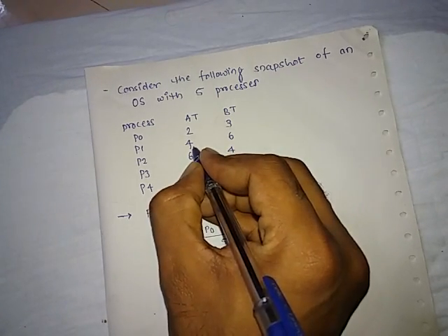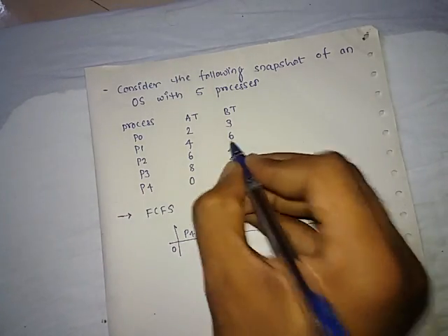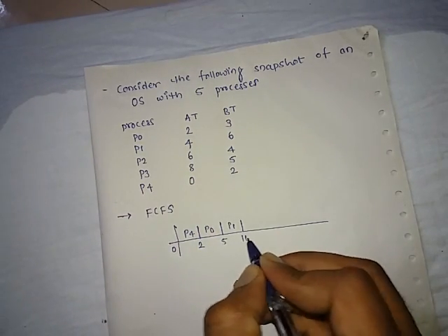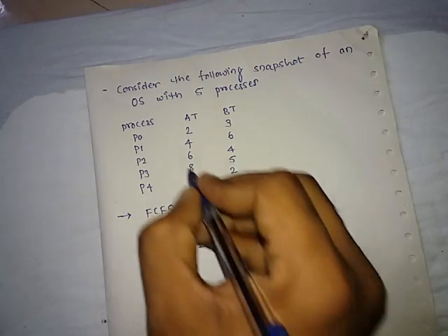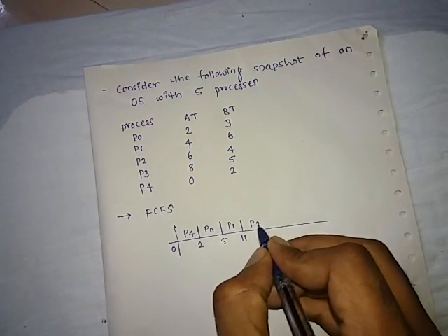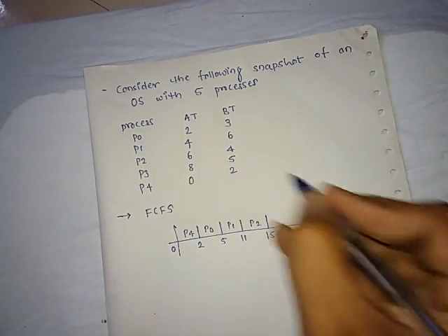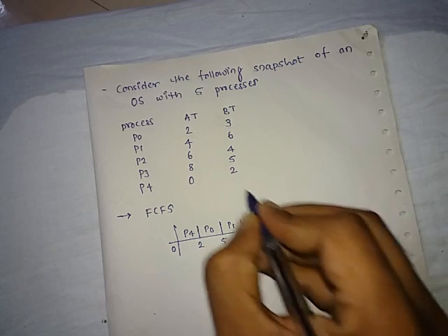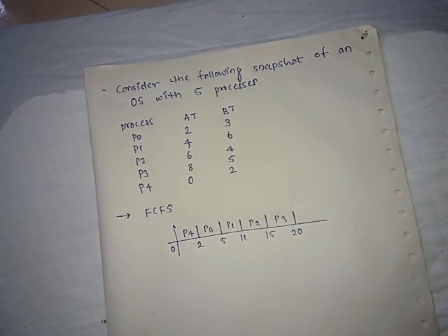Yes, at the arrival time of 4 there is a process, that is P1. So allocate P1 for 6, that is 6 plus 5, 11. Next one is P2 for 4, that means 15, and the last one is P3 for 5, that becomes 20. So it completes your Gantt chart.